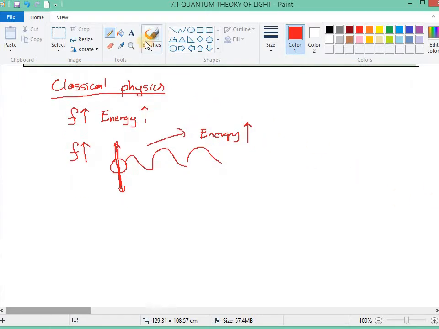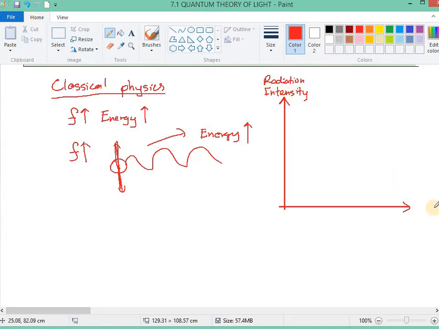From this logic, from this theory, they get a graph, the relationship between the radiation intensity and wavelength.